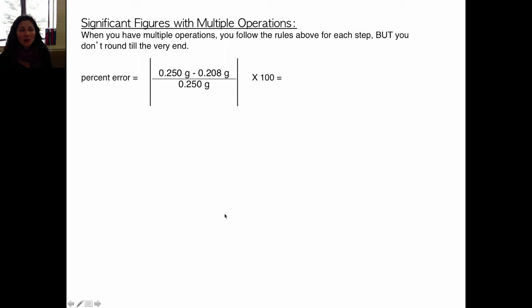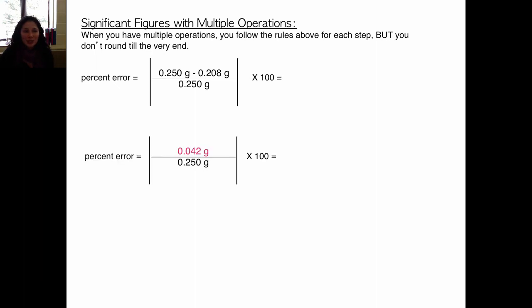Here's a problem where you're calculating a percent, and in a first step you have to subtract, and in a second step you have to divide. So you need to keep track of both sets of rules for significant figures. In the first operation, I would subtract 0.250 with 0.208. And here is my calculator answer, 0.042.